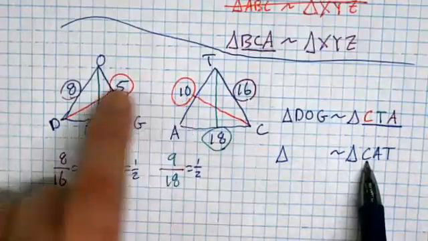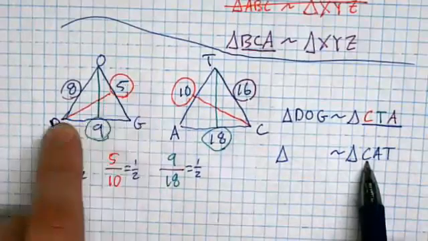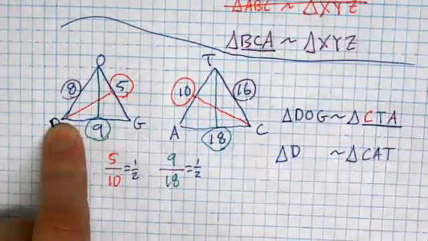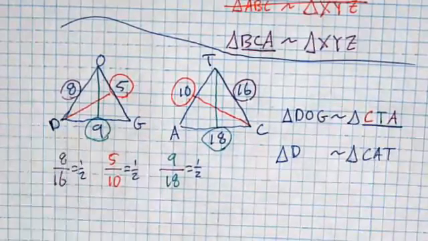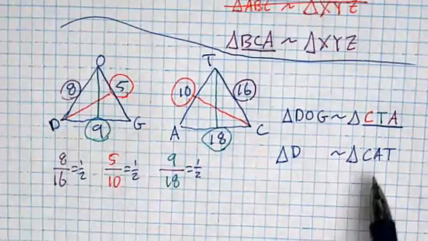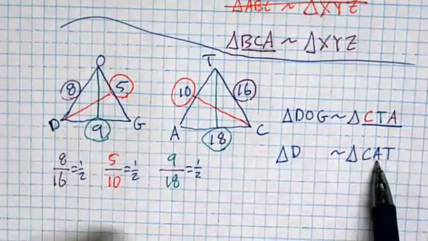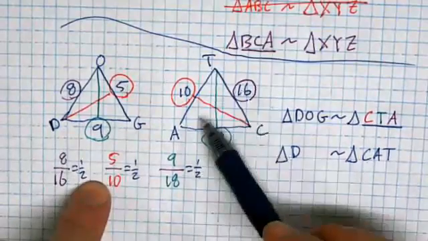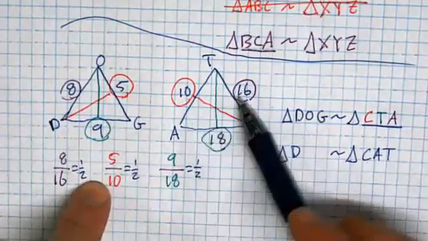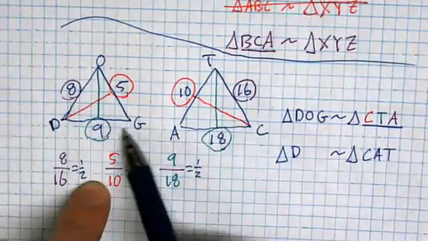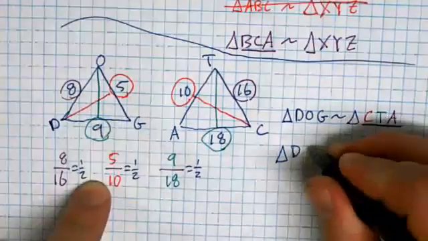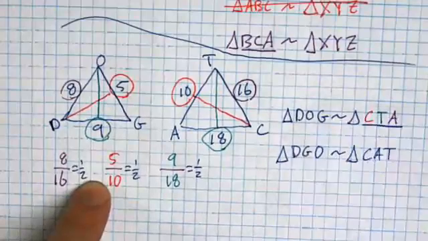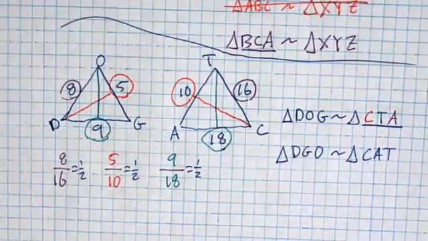So I'd want to match up smallest over here, which is D. So C matched up with D. So you should have started with D. And then A is across from the medium side. Medium side over here was across from G. And then that leaves O. Did you get DGO? Right.